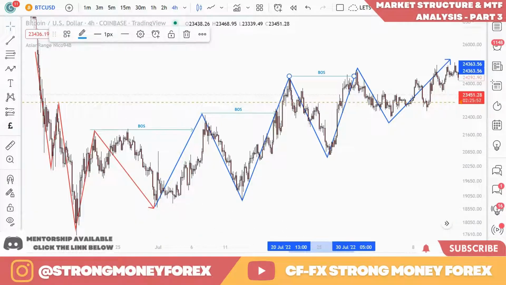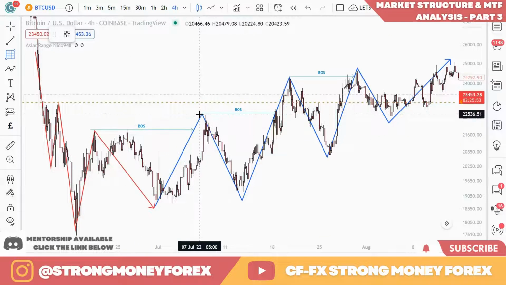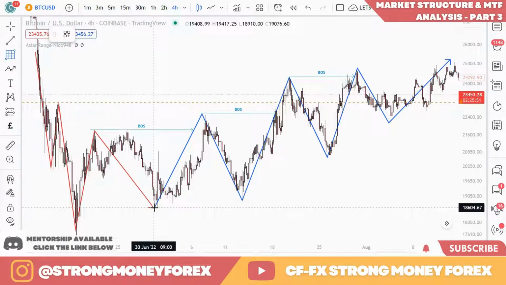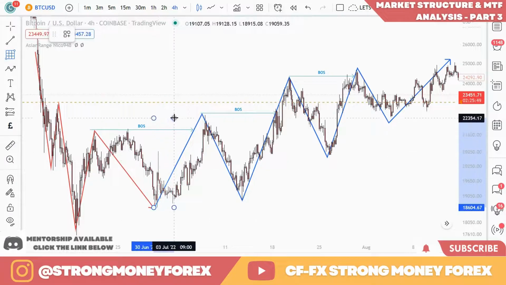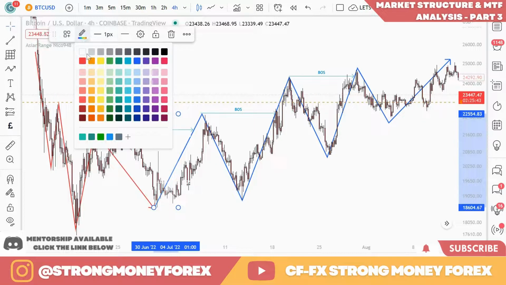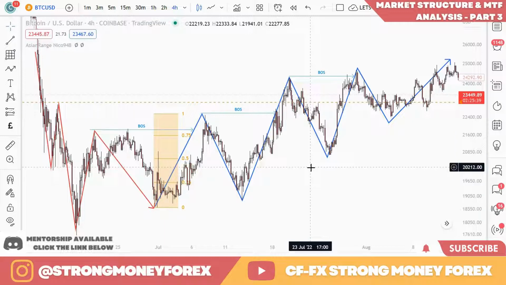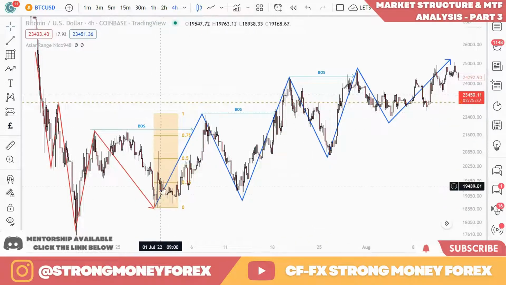Now, what I will always use to decide where to trade from is this range finder here, okay? Now this range finder clearly tells us where premium and discount is.